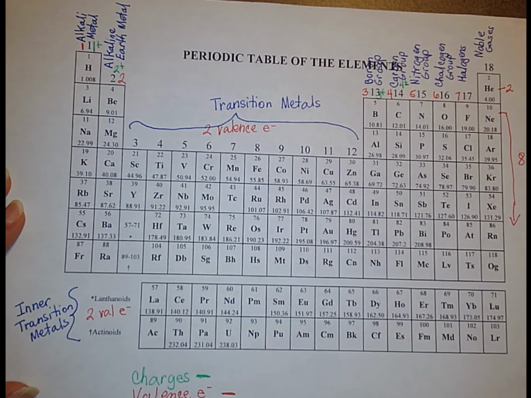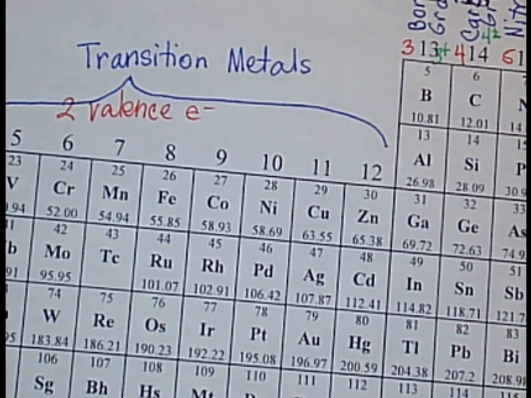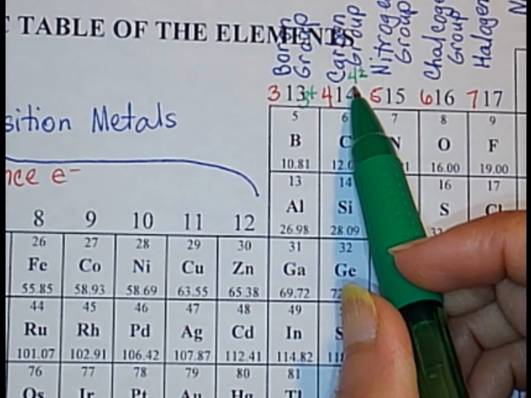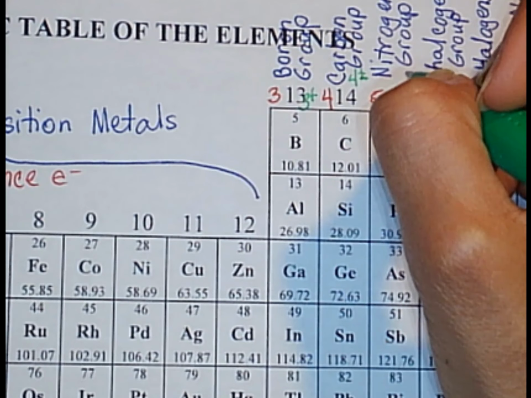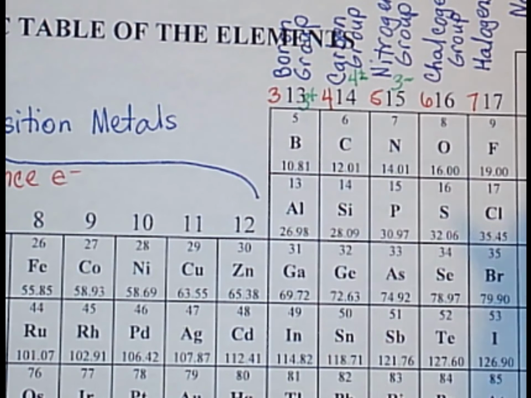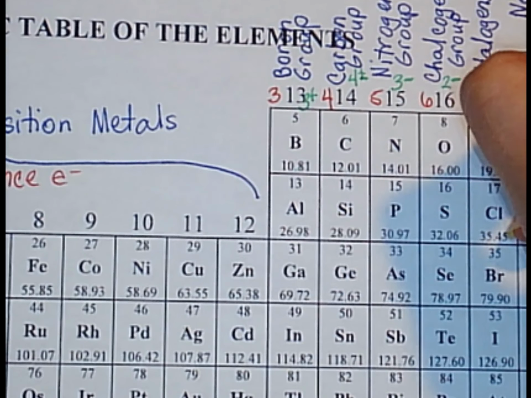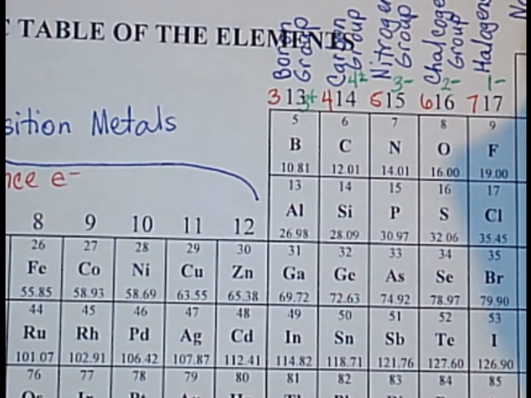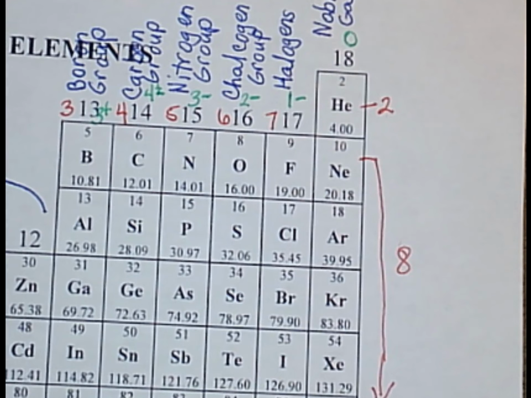And let me zoom in so you can see what I am doing. So notice that I wrote plus and minus right here. Group 15 now will be a 3 minus. So that changes a little bit now. Group 16 will be 2 minus. Group 17 will be 1 minus. And then your noble gases, well, those are going to be a total of 0 charge, okay?